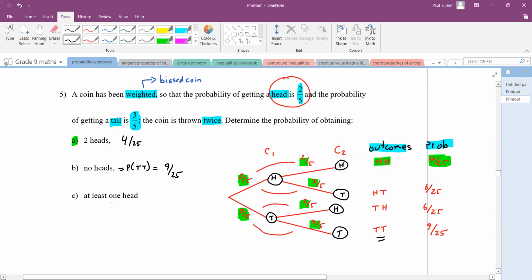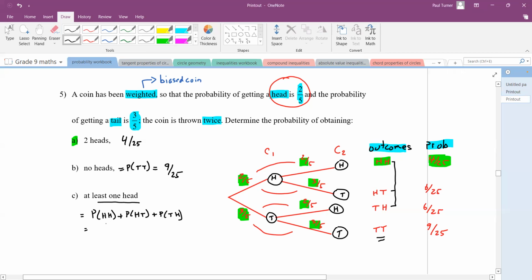And the probability of at least 1 head. Well, we can have 2 heads, that's fine. We need a minimum of 1 head. So that is going to be these 3 here. So if we write it out the long way, we'll have the probability of head, head, plus the probability of getting head, tail, plus the probability of getting tail, head, like that.